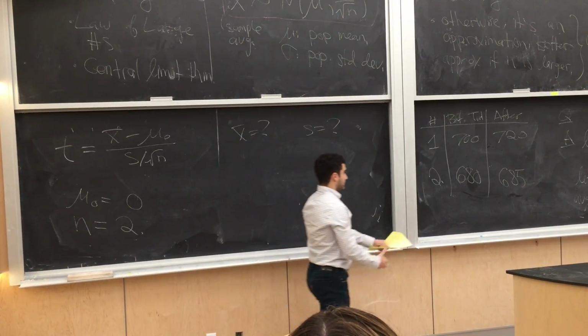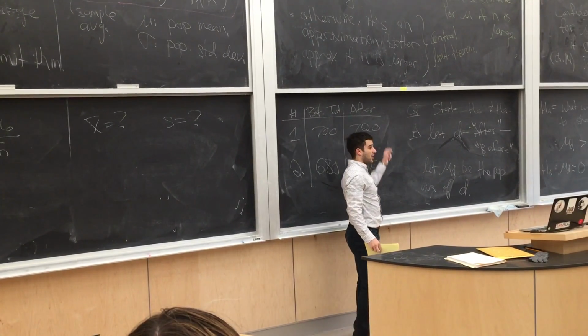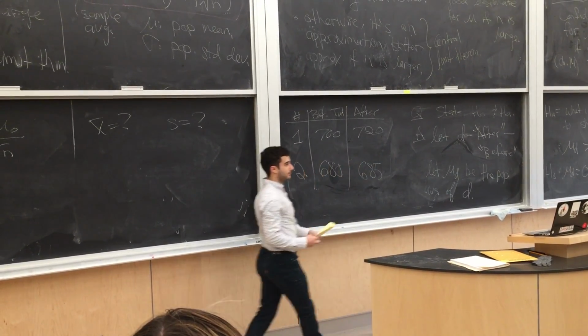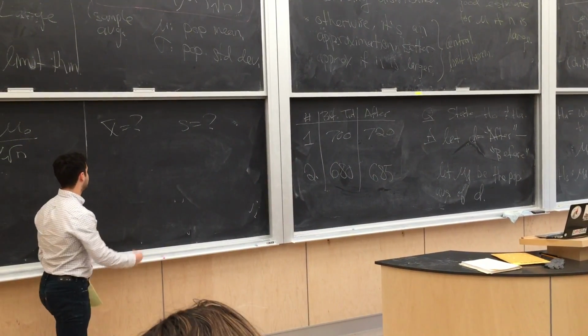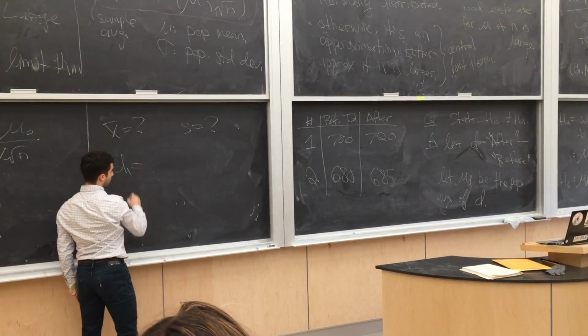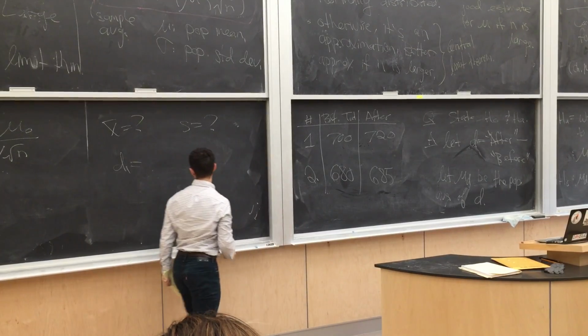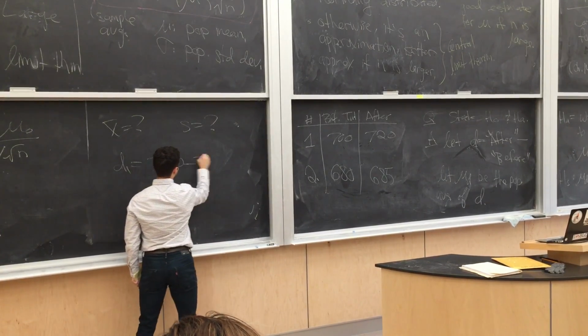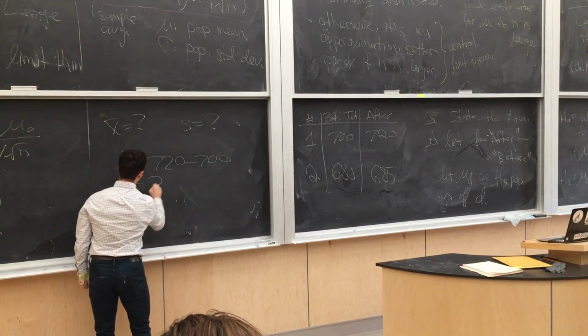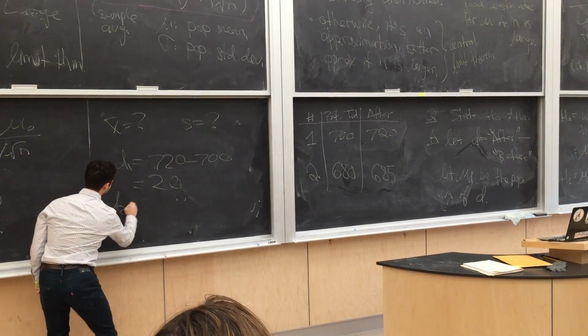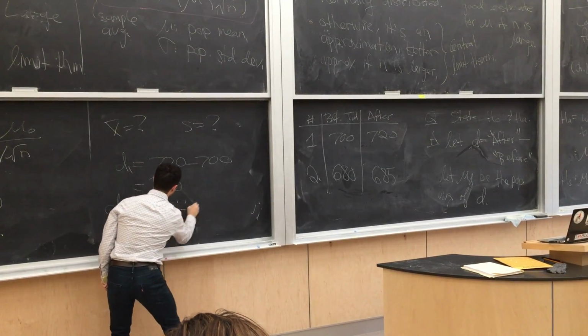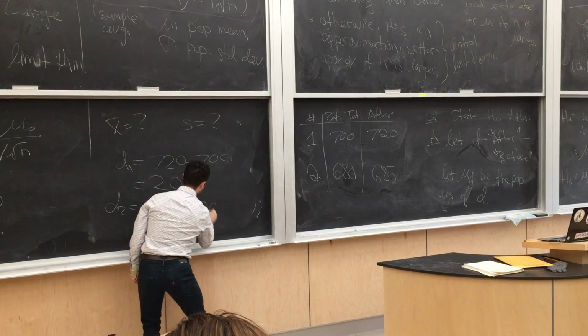Now to find what x bar is and what s is, we have to start by finding out what these differences are. D1 is 720 minus 700. D2 is 685 minus 680.